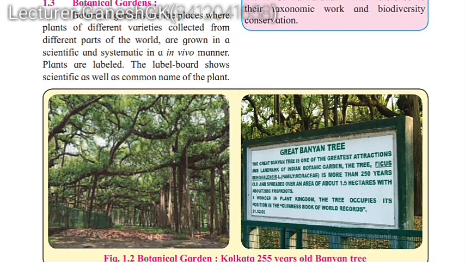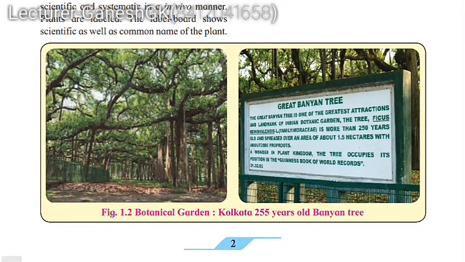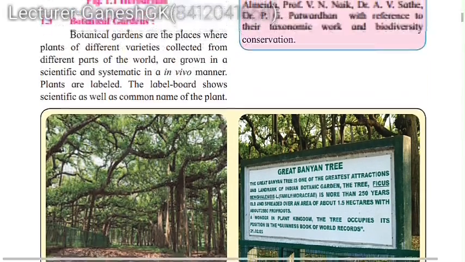The label board shows the scientific as well as common name of the plants. Here is a big banyan tree, around 255 years old, which is situated in Kolkata.